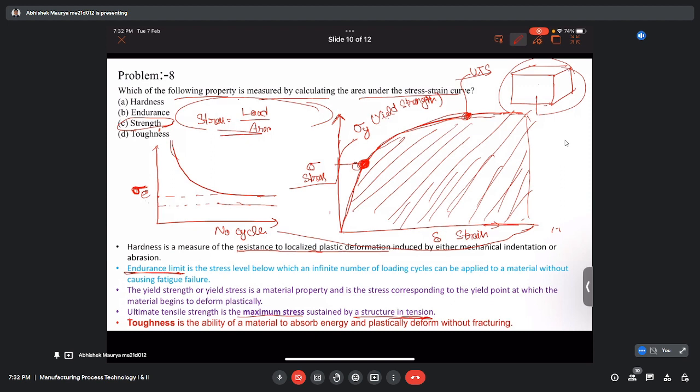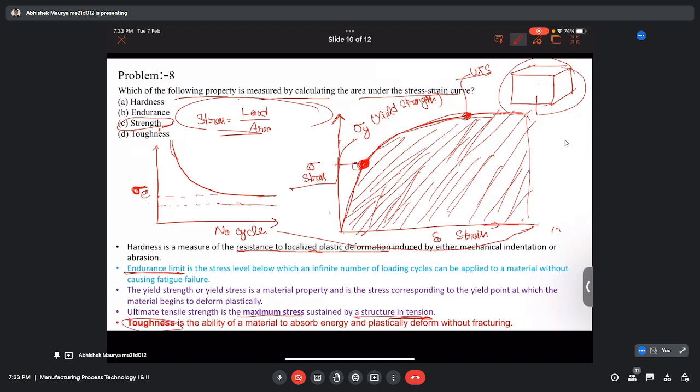if you multiply the stress and strain, you will get the energy per unit volume. So for the given material, you will get how much energy per unit volume you need to apply so that the material will fail. That is called the toughness.